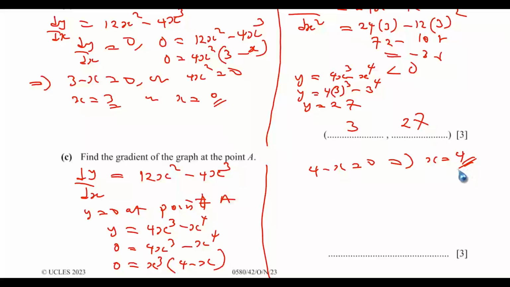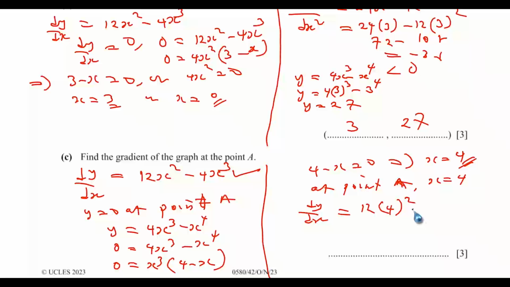So this is the value of x at point A. Then we can get the gradient by substituting x equals 4 into this equation. So dy/dx will be equal to 12 into 4 to the power of 2 minus 4 into 4 to the power of 3. If you solve this, you will get the gradient to be minus 64.